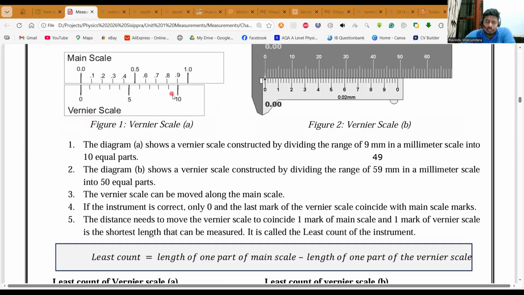There are two places where vernier divisions coincide with the main scale: the first one is the 0th one, the other one is the last one, right?